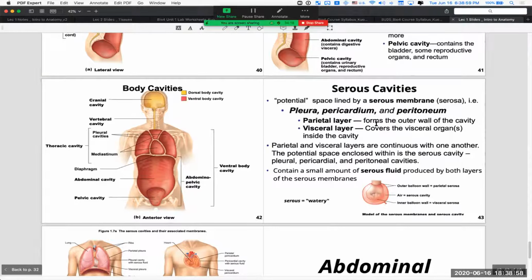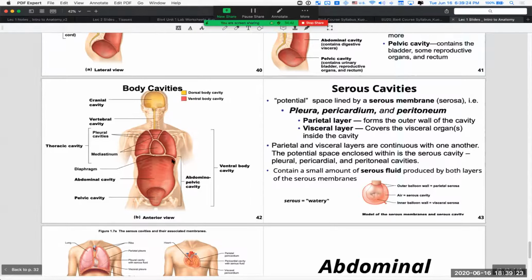In each of these cases, there are two layers to that serous membrane. There's a parietal pleura and a visceral pleura. For the heart, there's a parietal pericardium and a visceral pericardium. And for the peritoneum, there's a visceral peritoneum and a parietal peritoneum. In all three cases, the parietal layer is the more external layer.